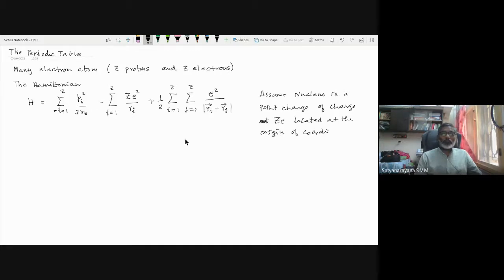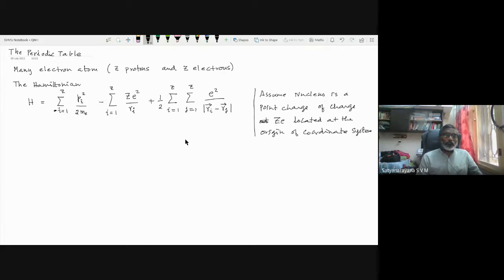This is something which we are modeling, an assumption of our model. If you make this assumption, then this is going to be your Hamiltonian. Now, the problem here is that in general, you have Z number of electrons.